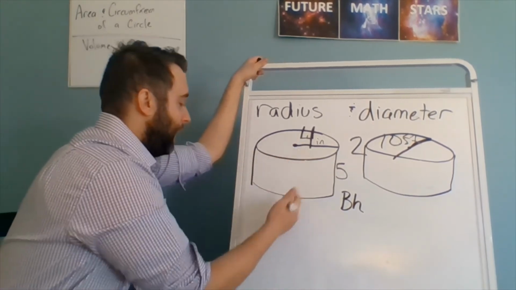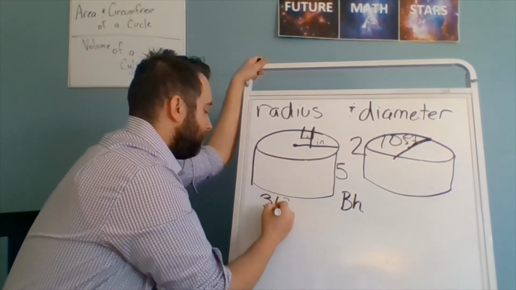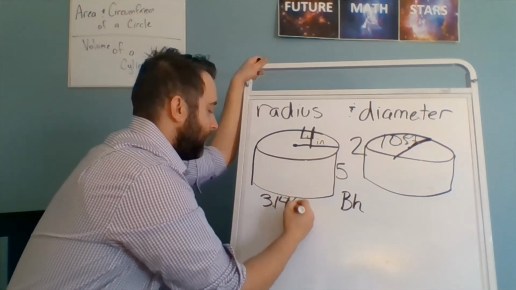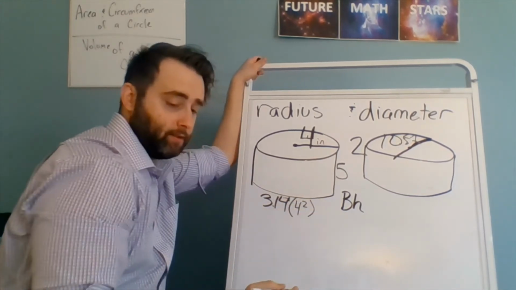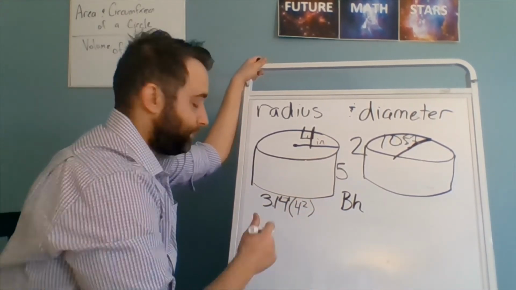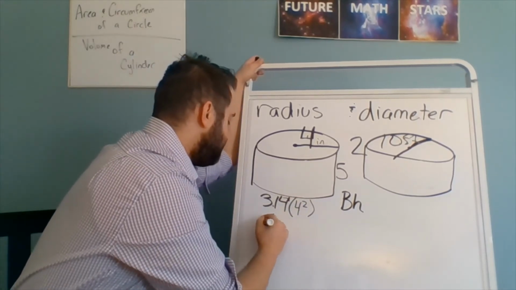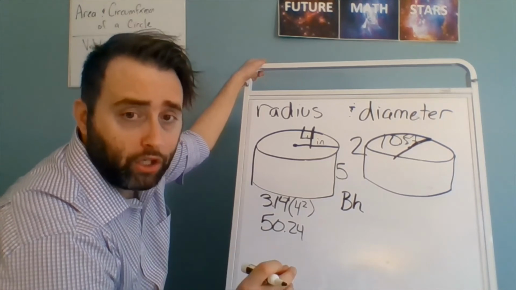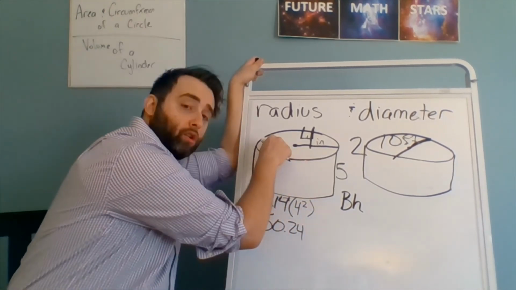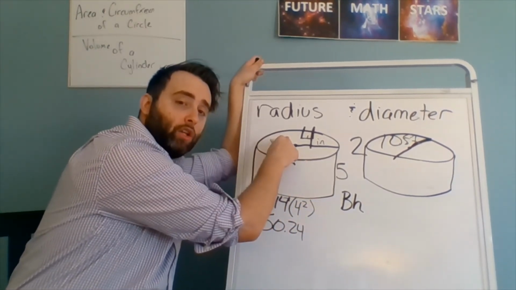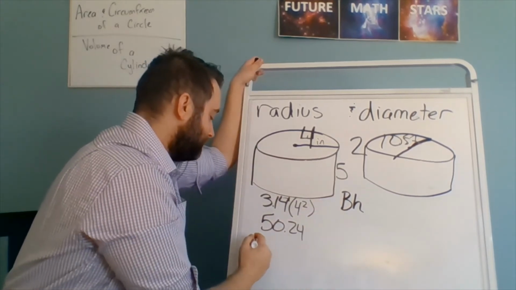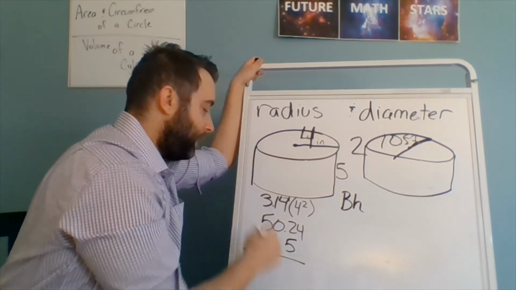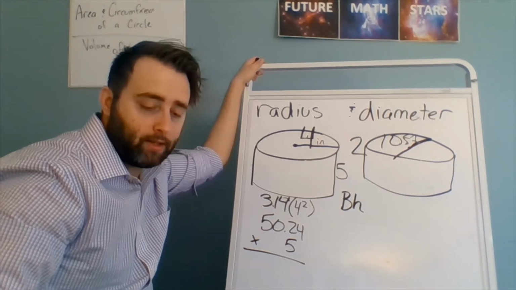So, pi 3.14 times 4 squared. We just did this. It's 50.24. That is not the volume. That's the area of the circle. Take the area of the circle, multiply it by how long it is. So 50.24 times 5.